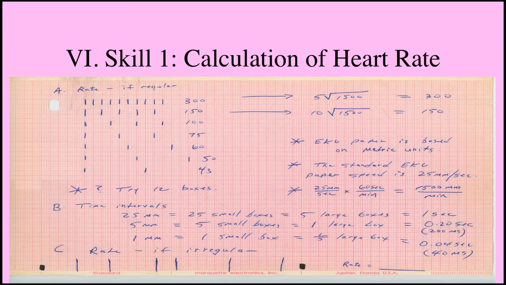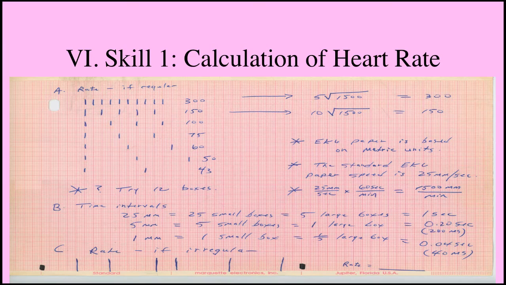You can also use that technique if the heart rate is regular. It works both ways. But the main emphasis right now is back to the top of the slide, where we want to count the small boxes in between and divide into 1,500, or just do our counting system by the 300, 150, 100, and so on. And we'll practice that in a few minutes.